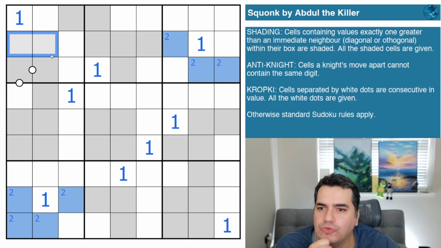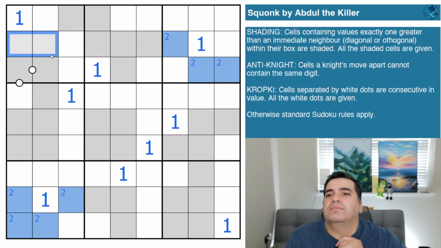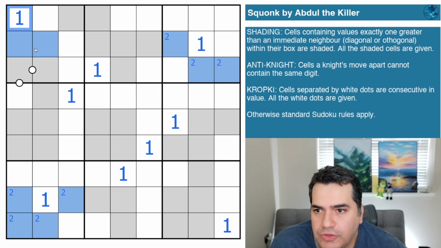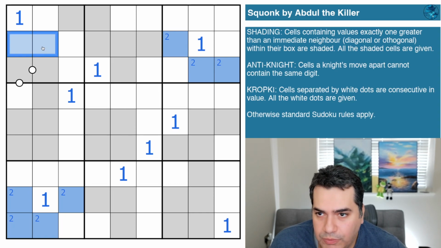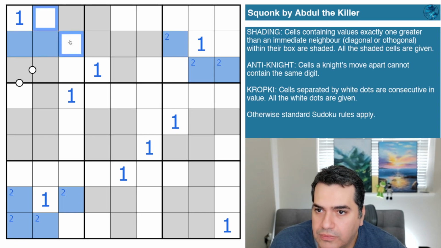Oh wow, box 1. Let's really pay attention to box 1 now. So 2 could be in one of these 2 cells because they both see the 1 and they're shaded. That's one possibility. Couldn't be in here because the 1 is not adjacent.